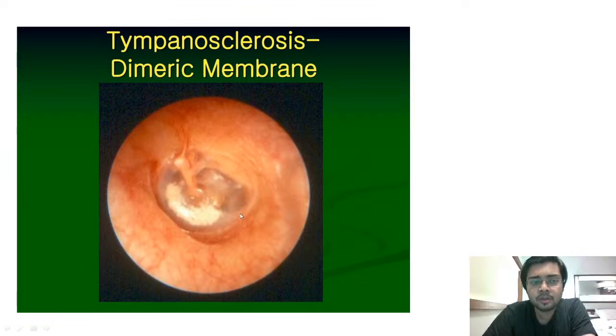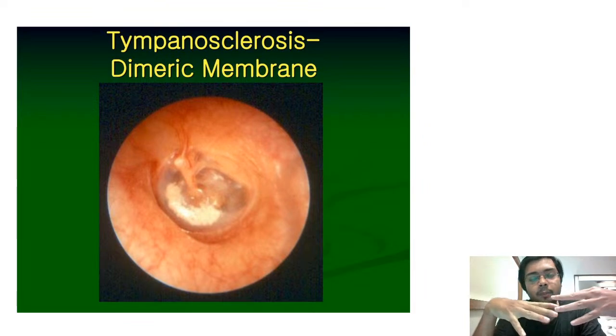And why is it more transparent than the rest of the tympanic membrane? Do you know the cause? It is because of the fibrous layer in the tympanic membrane. You all know that the tympanic membrane has three layers: epithelial, fibrous, and the mucous layer, meaning the mucosal layer that is continuous with the middle ear. Here the fibrous layer is absent when the tympanic membrane is healing by itself.